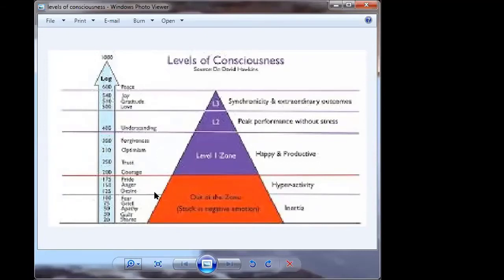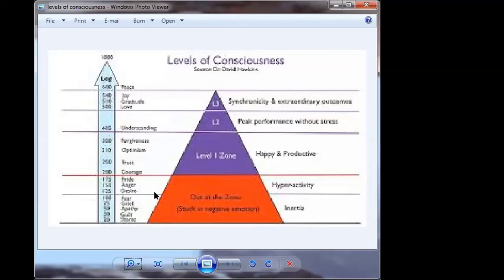As you go up the scale, we're into the trust and forgiveness and optimism area. There's a zone there that you become happy and productive, and a little bit farther up the chain is an area of what they call understanding, or a genius level, where you get kind of peak performance.